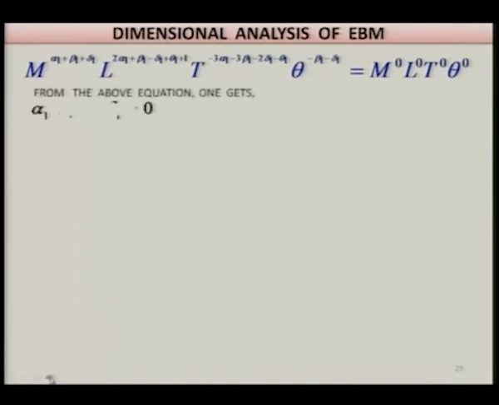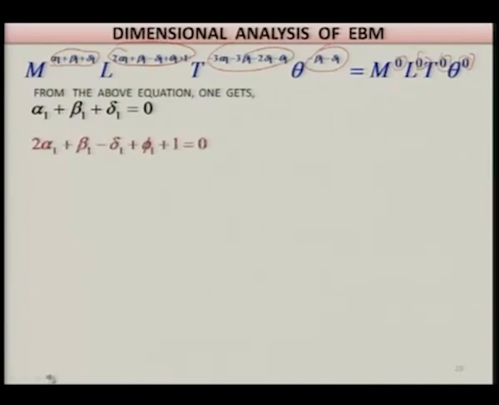From the above equation one gets alpha 1 plus beta 1 plus delta 1 is equal to 0, because you equate each power to the corresponding zero power. So you will have 4 different equations and 4 different variables, so you can find out the value of each variable.